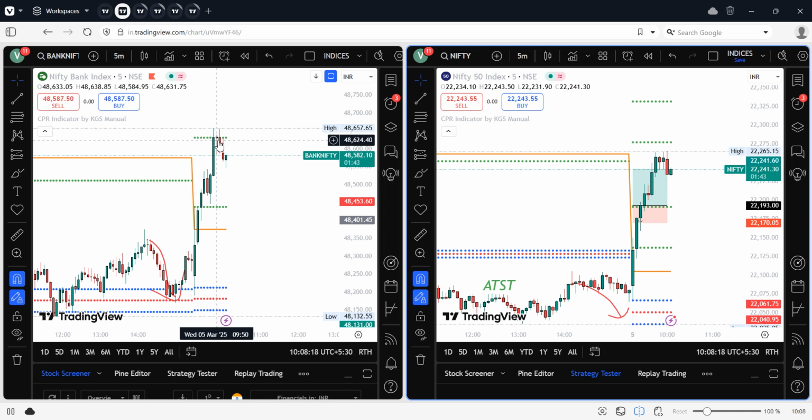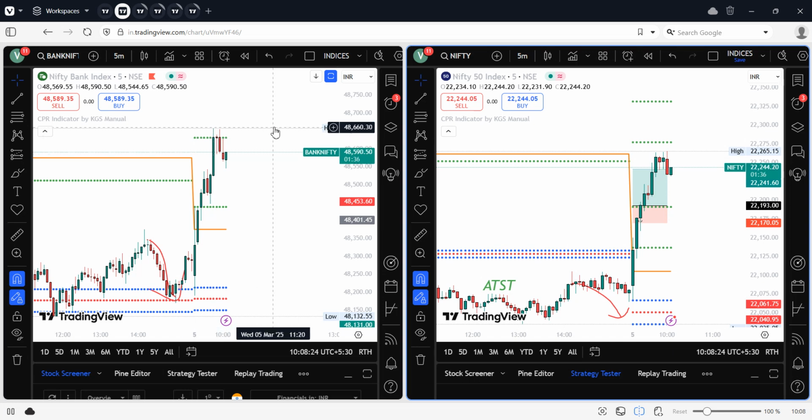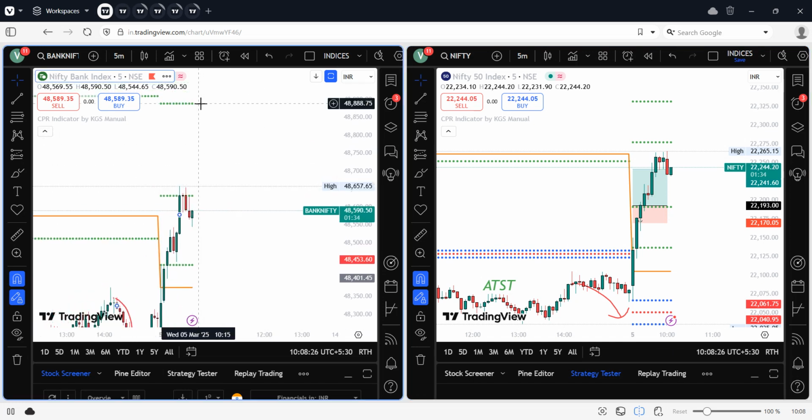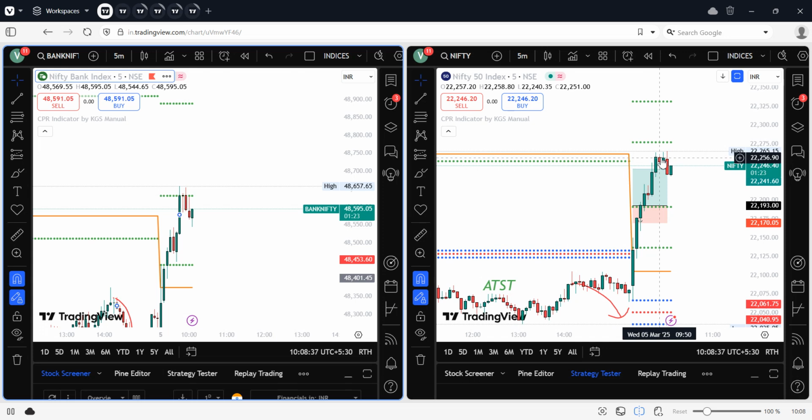So once it reached, the move is already stretched and you are in profits. There may be a chance to reach the next pivot, or it will come back to your entry position. So at the 9:50 candle also, with this logic, you can exit the trade. If you don't know this supply zone, you can exit after this 9:50 opening candle. So this is the logic behind taking the trade.